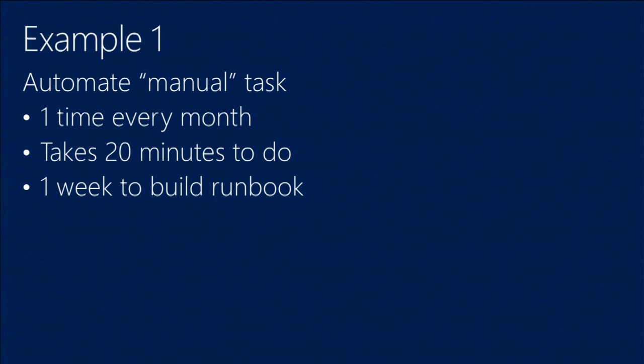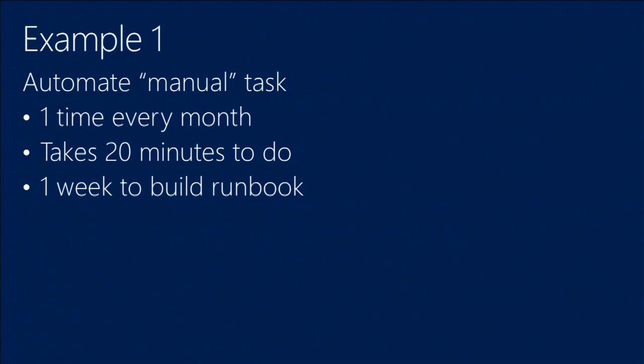So let's take a couple of scenarios. Let's think about a manual task. Could be anything: creating an account, a mailbox, restarting a service, whatever you like. This task takes you 20 minutes to carry out on your own. Maybe that's 5 minutes of somebody calling the help desk, and then 15 minutes in the escalation process. And let's say we can automate that process in a week.